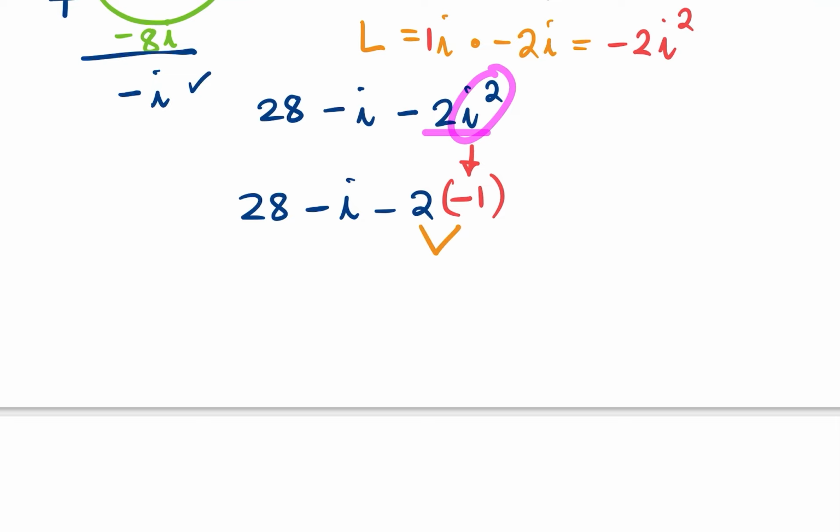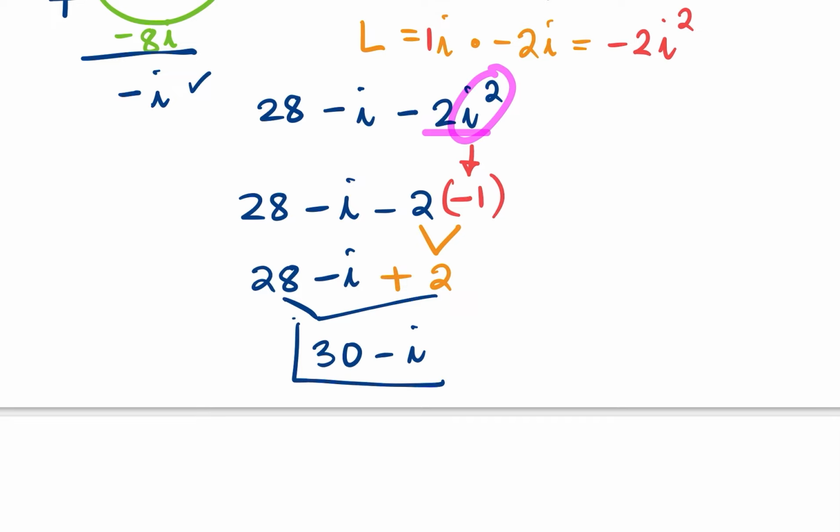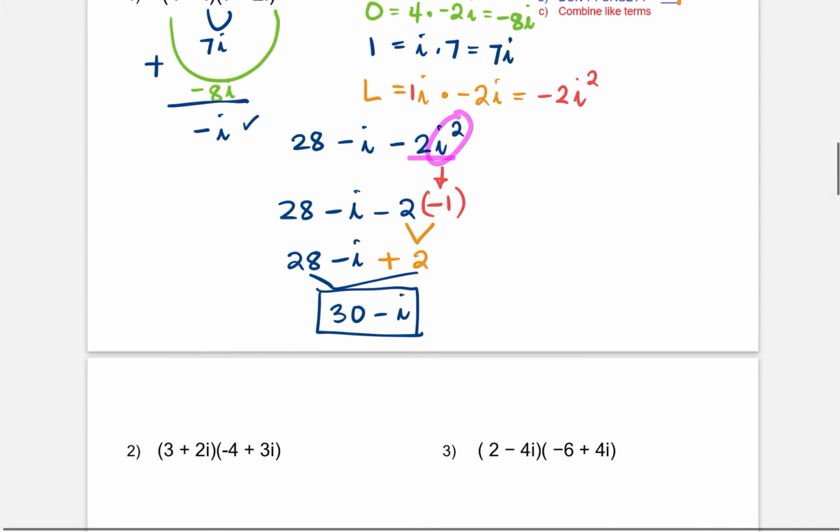So we have -2 times -1, that is going to be +2. We drop 28 minus i, and we combine like terms. So there is something we can combine, and that is 28 and 2, which makes 30. And then we drop minus i, and there is our final answer for this problem.